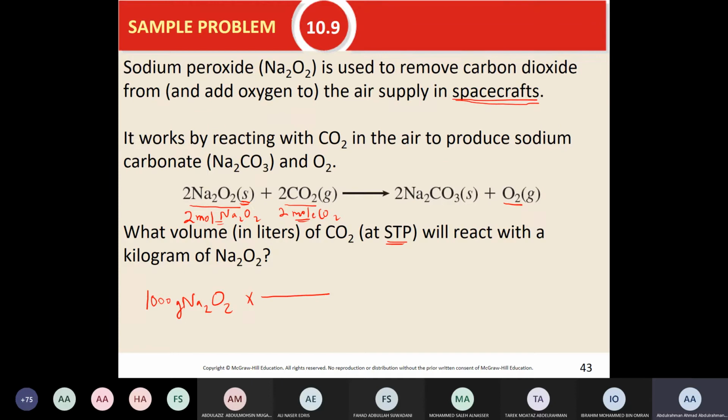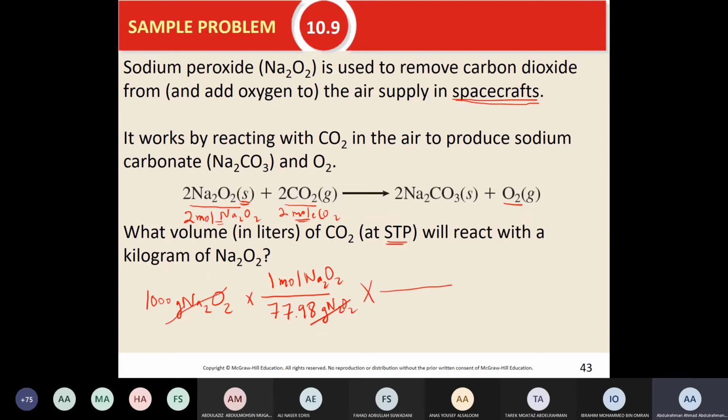What should I write at the top? 1 mole Na2O2. How about the bottom? 77.98 gram Na2O2. Good. This gram goes with this gram.